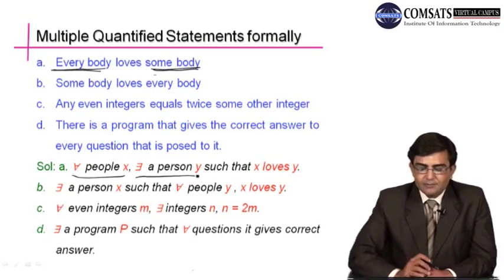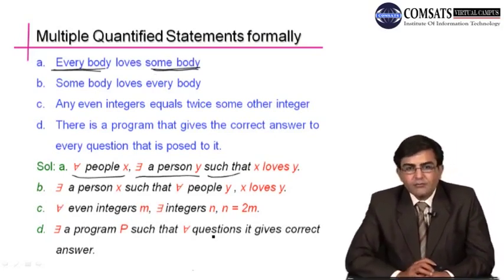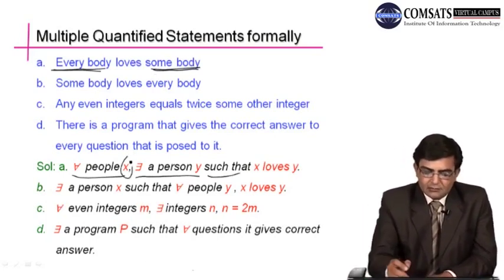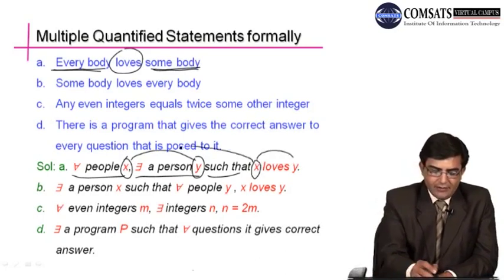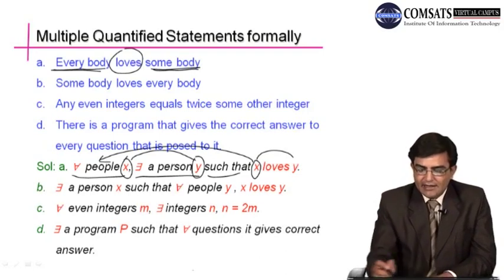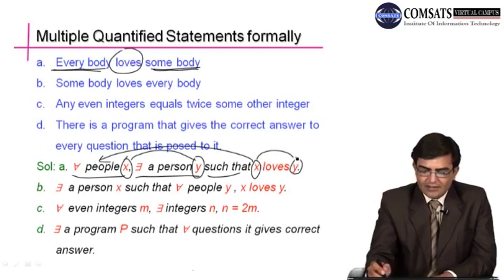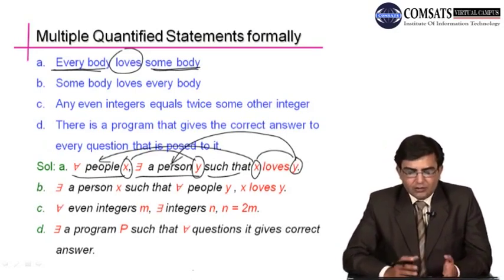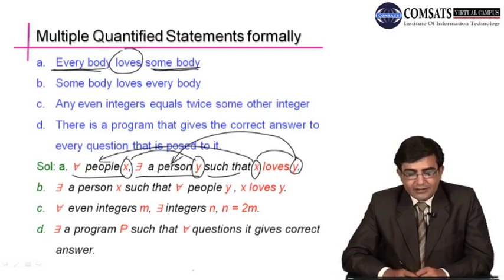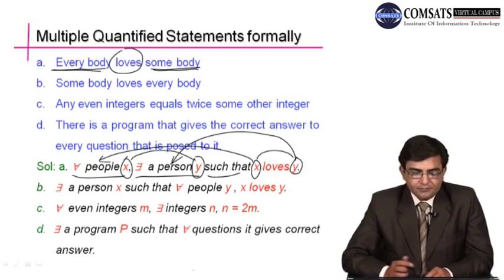There is a person y such that x loves y. Here we have expressed x as everybody, for all people x, and y as somebody, there is a person y. So this is how we can translate this informal statement into a formal statement.